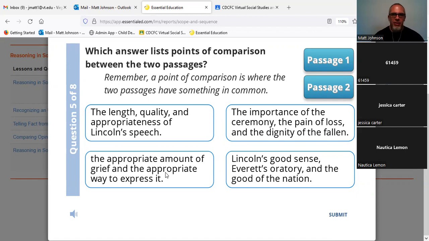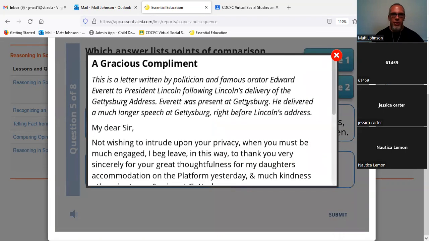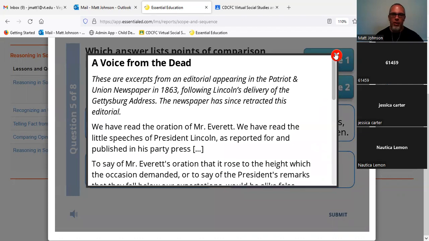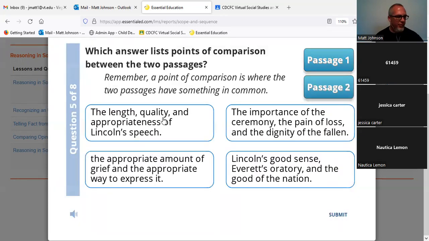Okay, which answer lists points of comparison between the two passages? Remember, a point of comparison is where the two passages have something in common. So here, this is Edward Everett again. And then we have the same article that's blasting Lincoln.